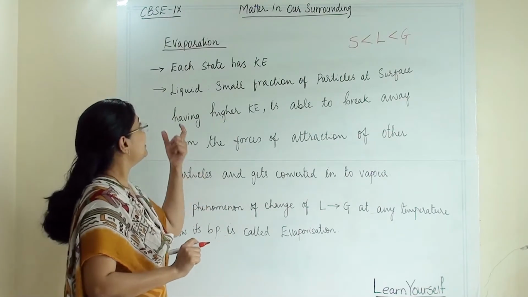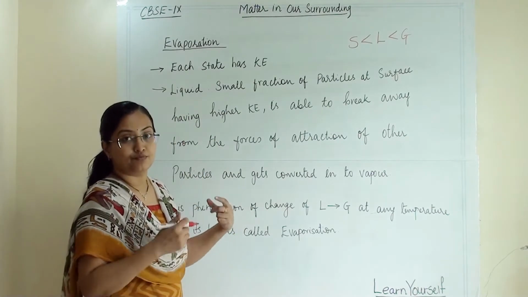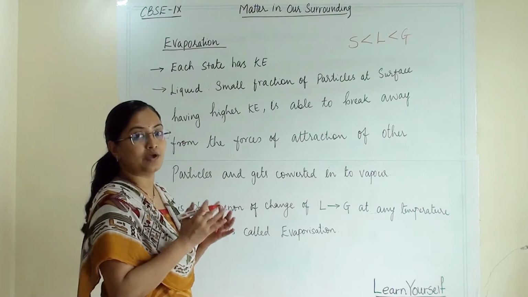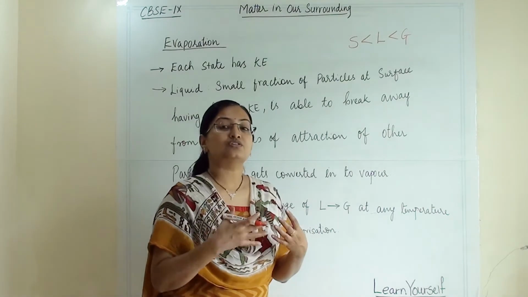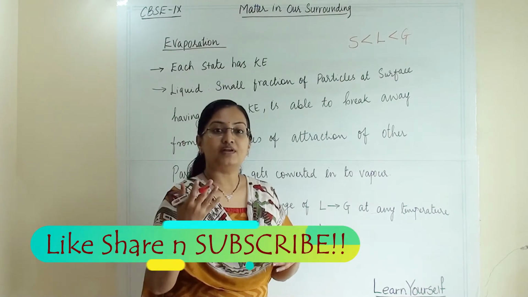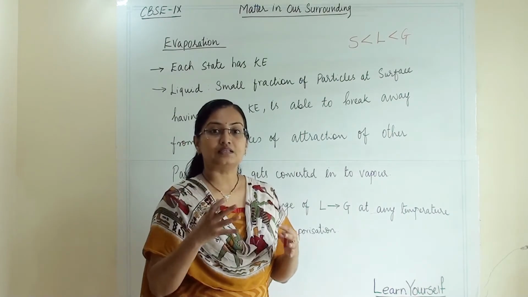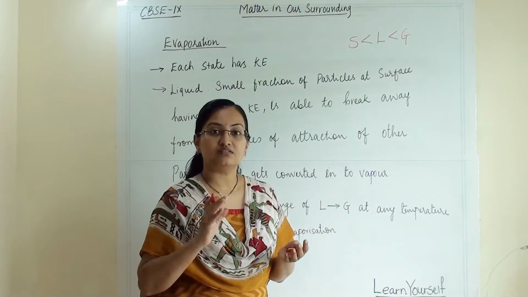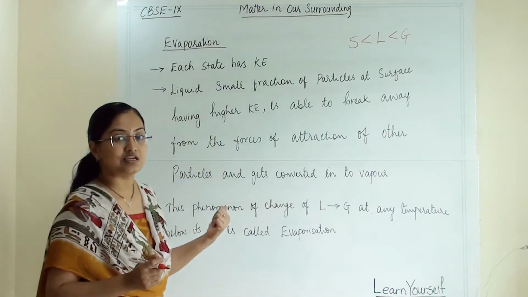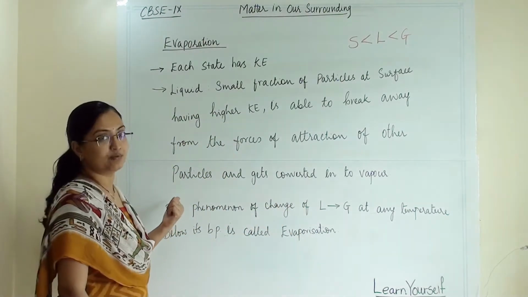Now, which process do we call evaporation? We know that when water, because of the temperature, converts into vapor and is absorbed by the surrounding atmosphere, that is known as evaporation. But now we will see it in terms of phenomena.